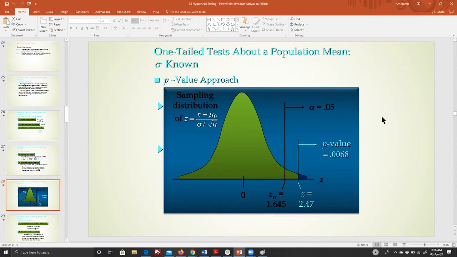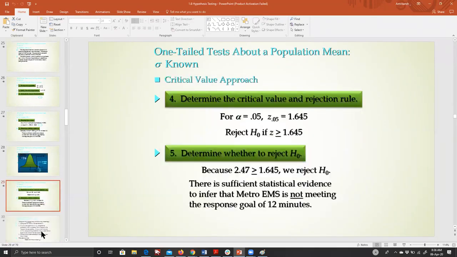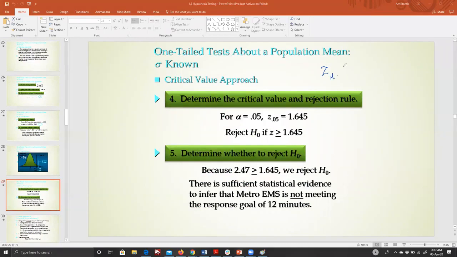Okay, but you could have equally solved it through the critical value approach as well. With the critical value approach, you just needed to get the z values. We already knew z of mu s is 2.47. What you needed to know is what is z alpha. So what is z alpha for a single tail?